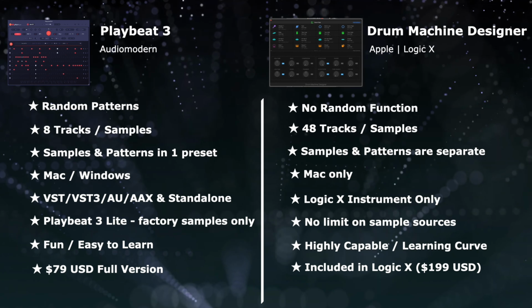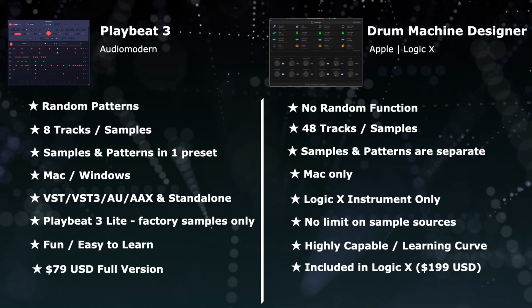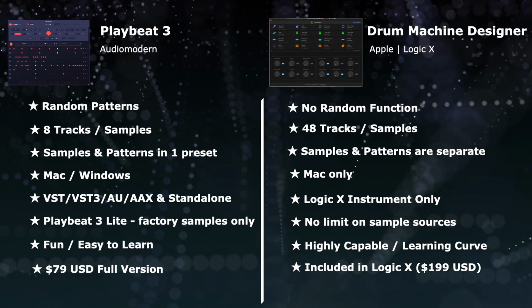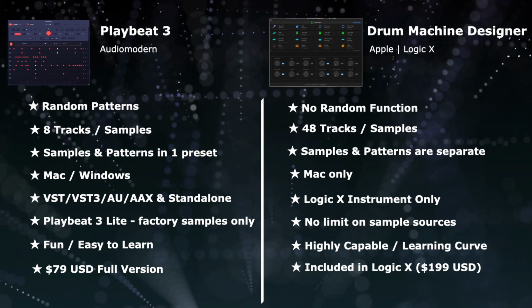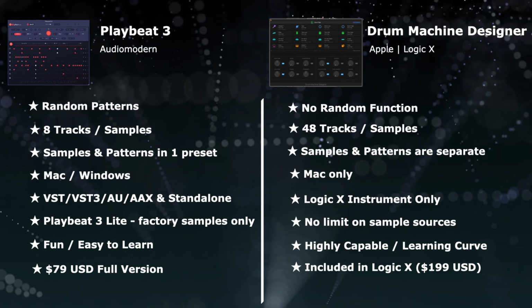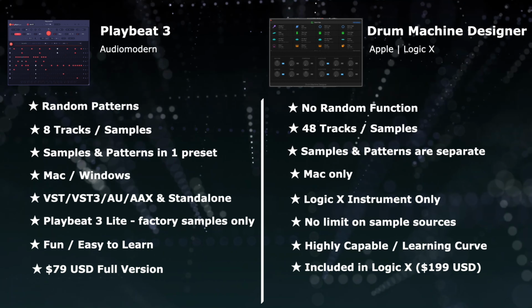Drum Machine Designer is much more capable with 48 tracks and samples. There's really no limitations there. The samples and patterns in one preset for Playbeat is kind of a neat thing. You open up a preset and you get both. Whereas in Drum Machine Designer, those are 2 separate activities. Picking your samples is part of Drum Machine Designer. Creating your patterns is kind of part of the DAW.